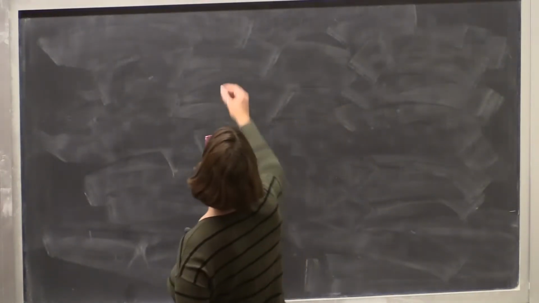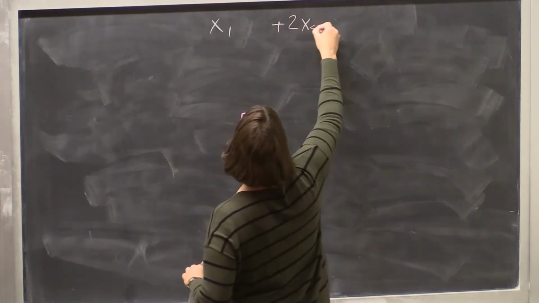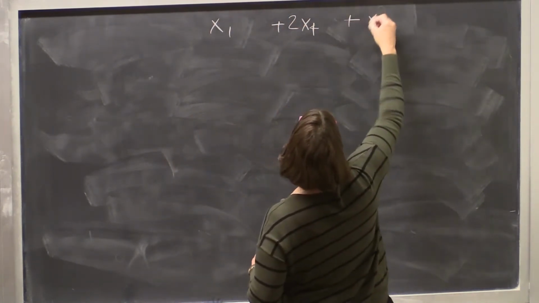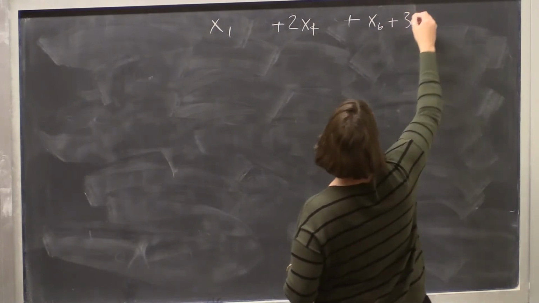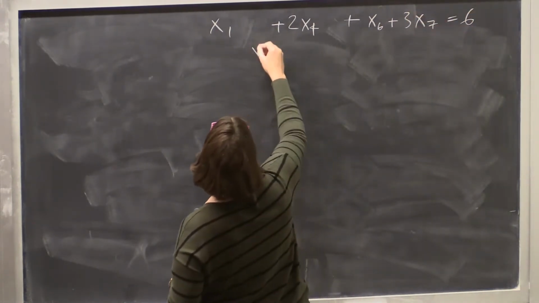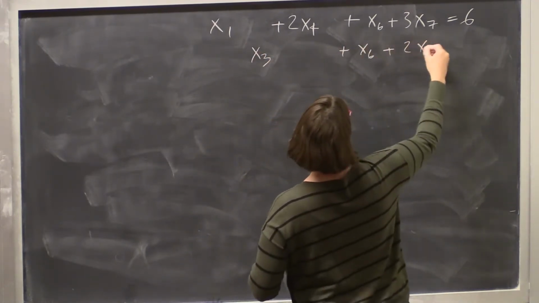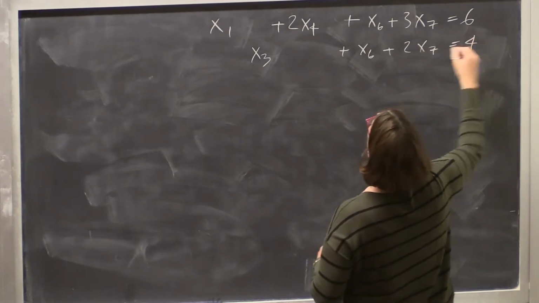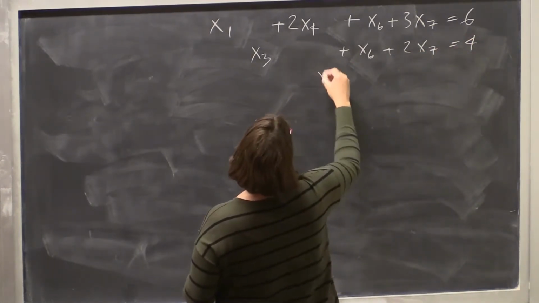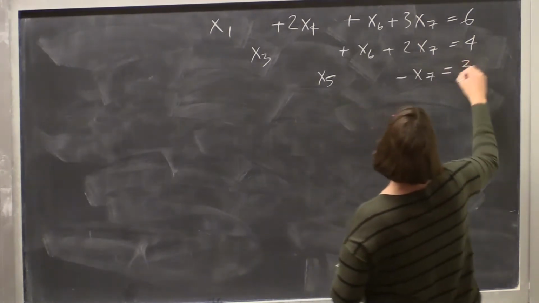Okay, so we write down the equations. x1 plus 2x4 plus x6 plus 3x7 equals 6. We have x3 plus x6 plus 2x7 equals 4. We have x5 minus x7 equals 3.